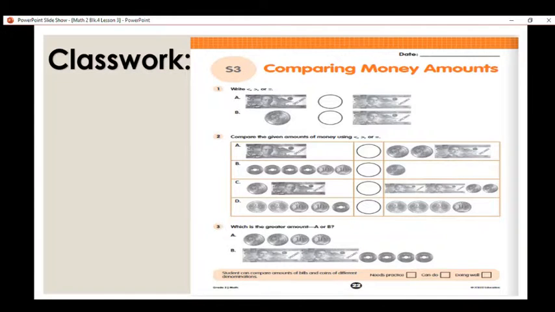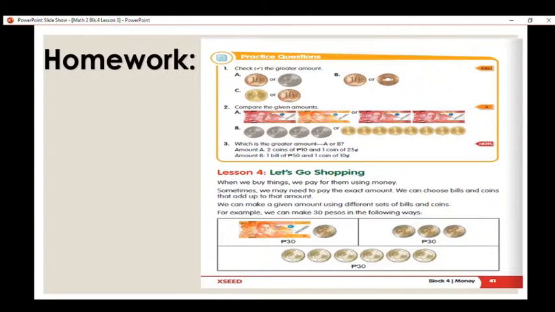After answering your classwork, you need to do your homework. Your homework in the content book is page 41, practice questions 1 to 3. Again, page 41, practice questions 1 to 3.